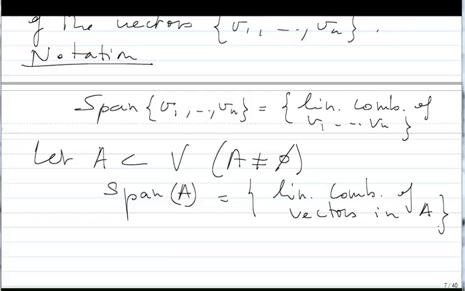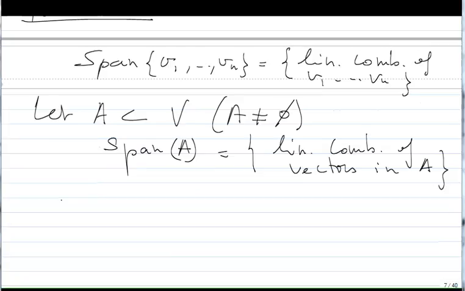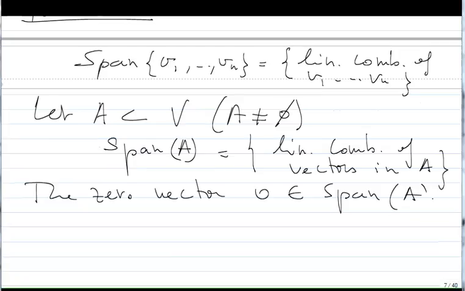Okay, so as we said earlier, obviously the zero vector 0 always belongs to the span of A. So the span of A is never empty, number one.